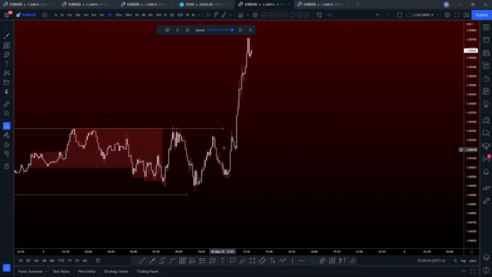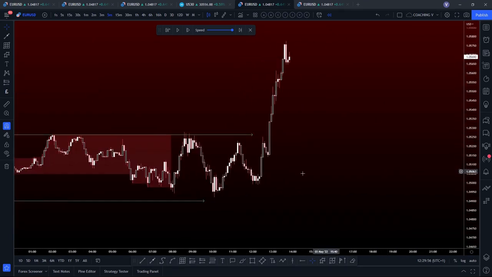Now that we have this strong impulsive movement up, we can actually zoom in and look for unmitigated imbalance. Now you can see by here that there was imbalance created by here, but it was mitigated. Price came back, fulfilled orders at this region before pushing upwards. This means that there is now imbalance left by here, unmitigated, which means there are still unfulfilled bank orders at this region.